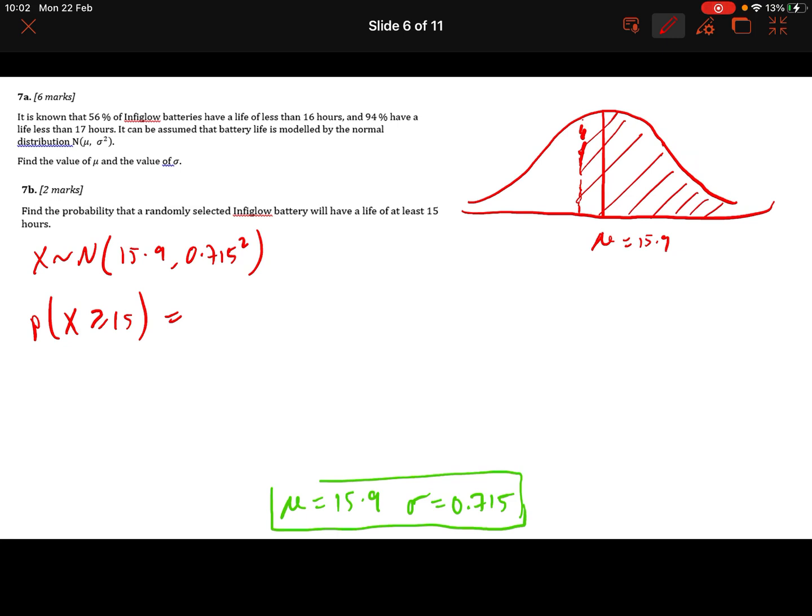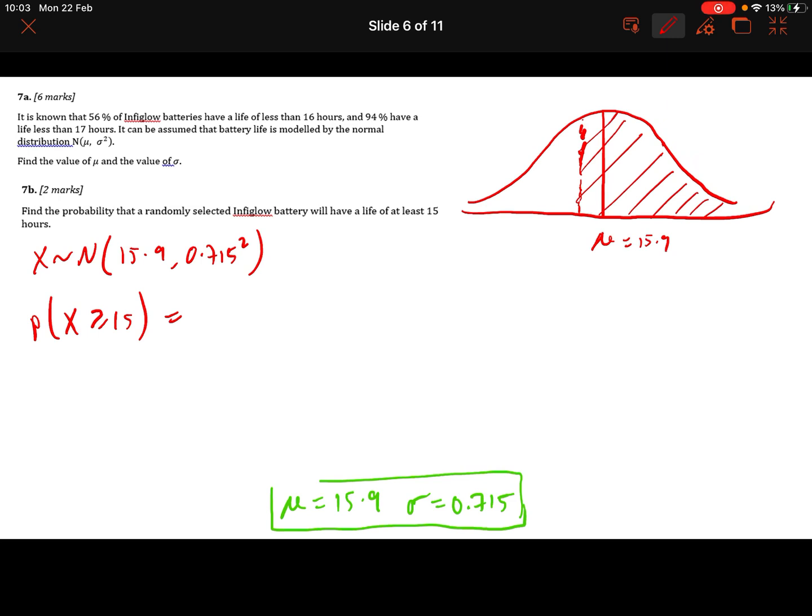So go to statistics, distribution, normal, NCD. We need a lower bound of 15, and we need to make the upper bound just a really high number, so just pick 99999.